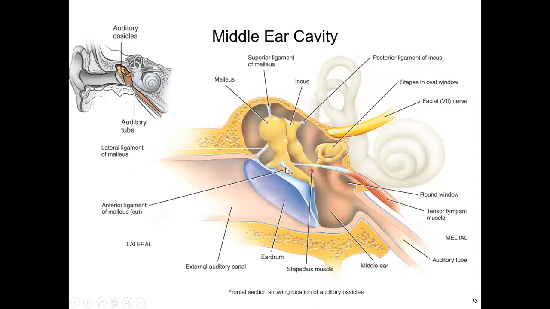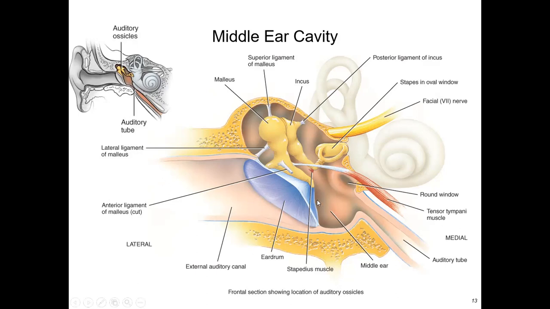Once the hammer vibrates together with the eardrum, the hammer makes the anvil vibrate, and a vibrating anvil will make the stirrup vibrate. So we are passing on pressure waves all the way to the doorstep of the inner ear.